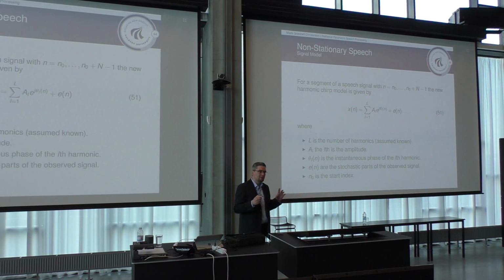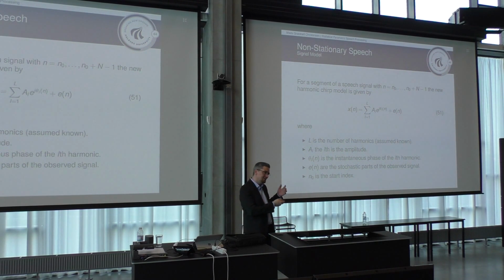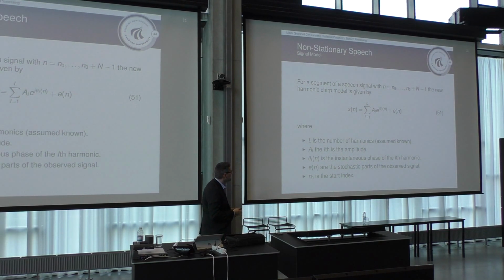And this is one of those things where you think, how on earth can this matter? How can it matter if I start counting from 0 up to N minus 1, or from minus something up to plus something? But with these methods, you can actually determine that from a parameter bound. It does make a difference. So if you choose your index wisely, you can get better estimates. In many ways this is counterintuitive, but the math doesn't lie.